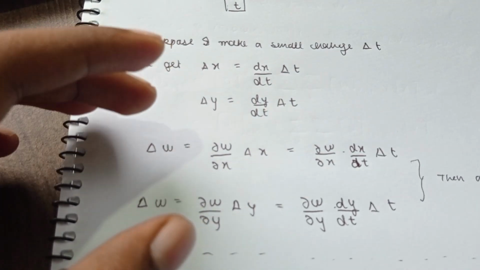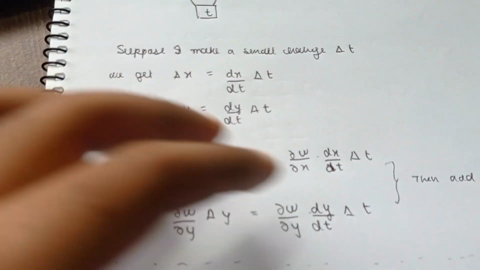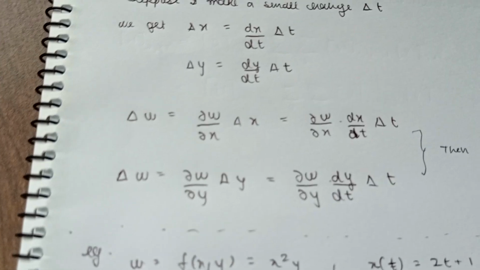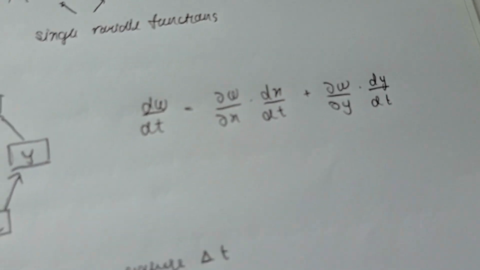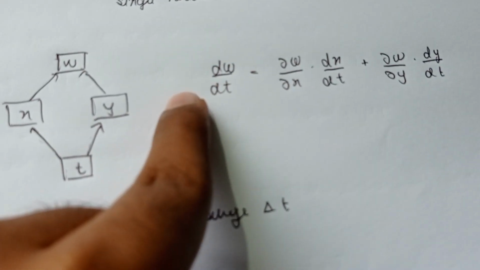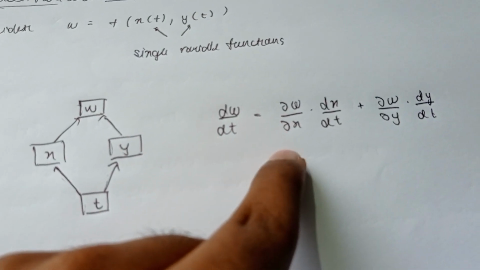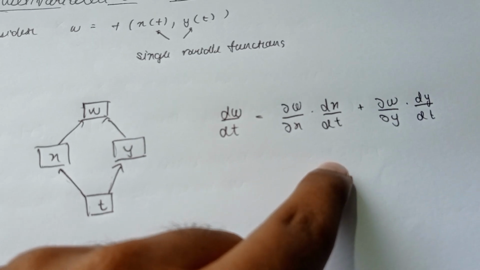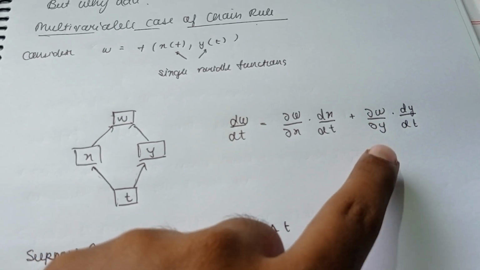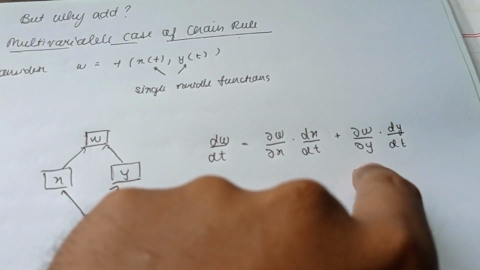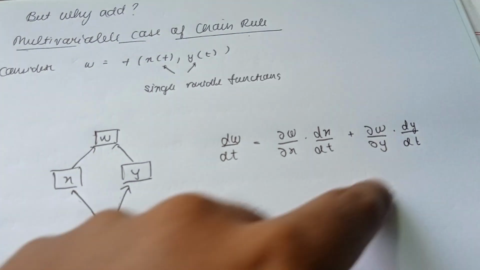So the complete change that would be brought about by them would be the addition. Thus we come to this equation, which is dw by dt equal to del w by del x into dx by dt plus del w by del y into dy by dt.